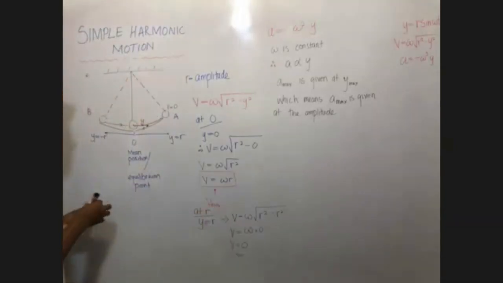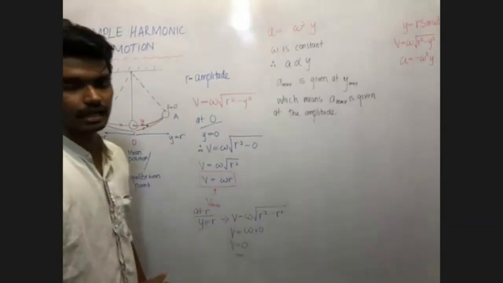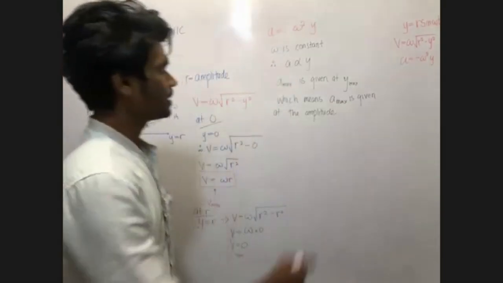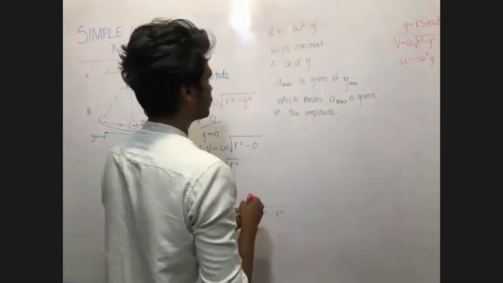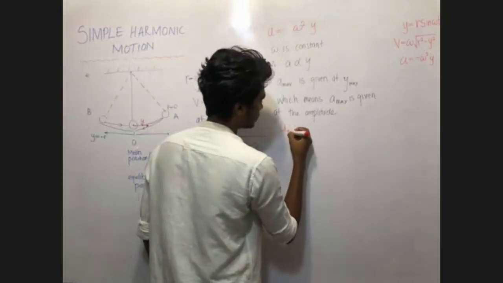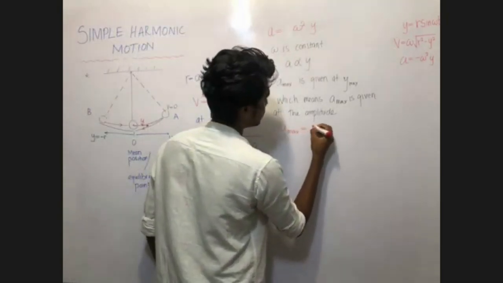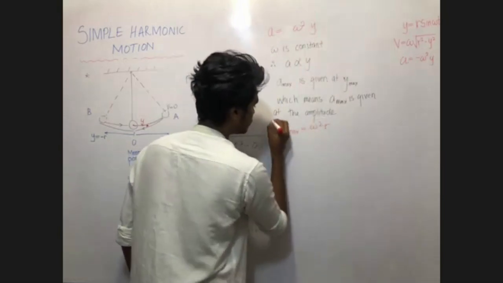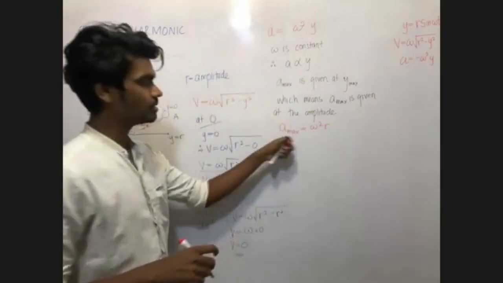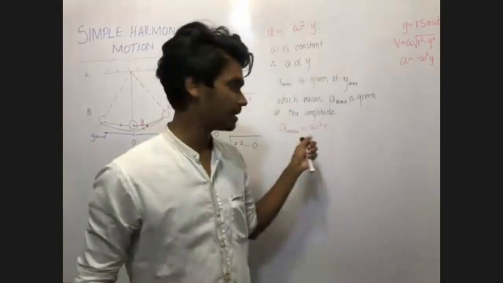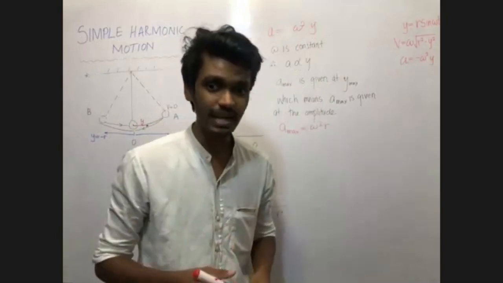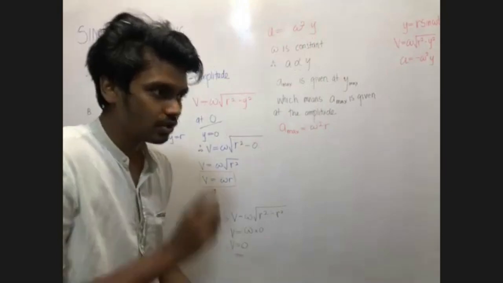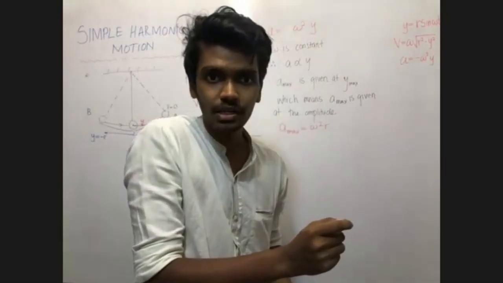So A max is equal to omega squared R. This will be the maximum acceleration. Okay, so we know where the maximum acceleration is going to be given now.